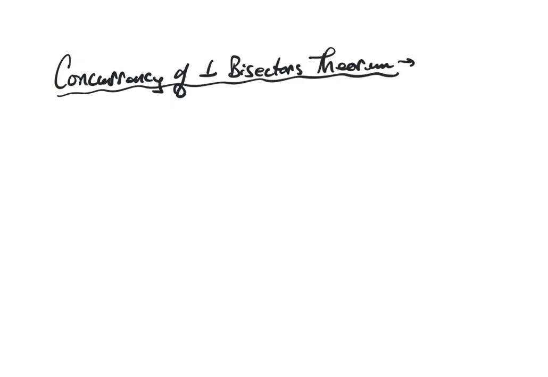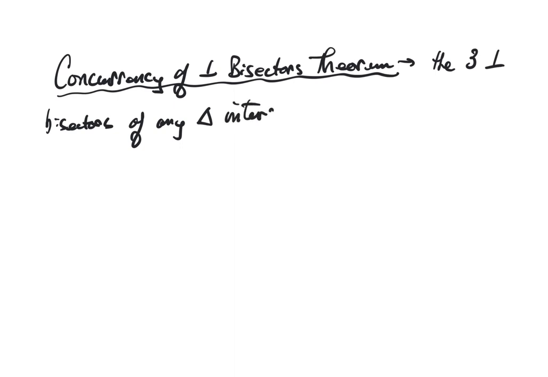All right, and let me give you the theorem first, and then you'll see what the word concurrency means. The theorem goes like this. The three perpendicular bisectors of any triangle intersect at a point, and you need to include some parentheses there because we're going to give that point a name.